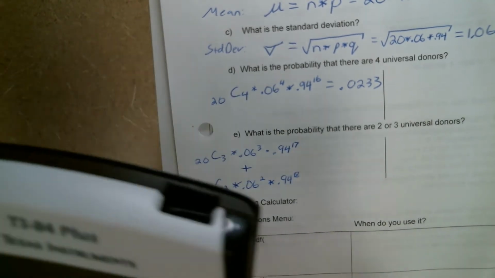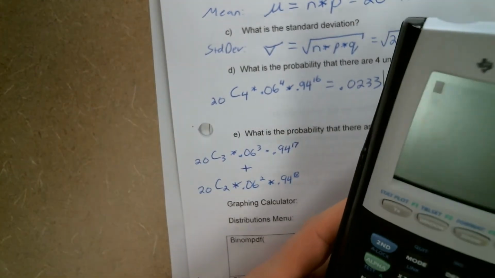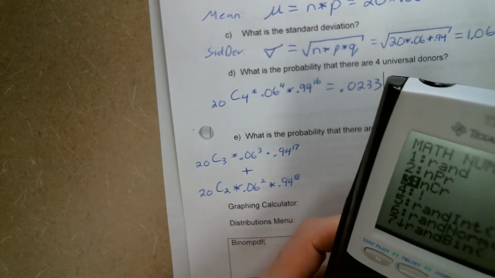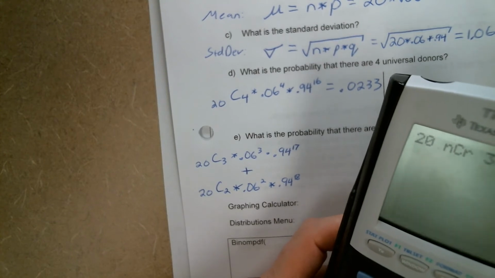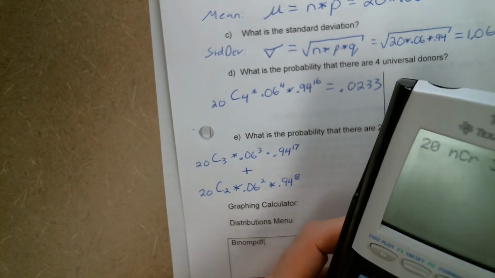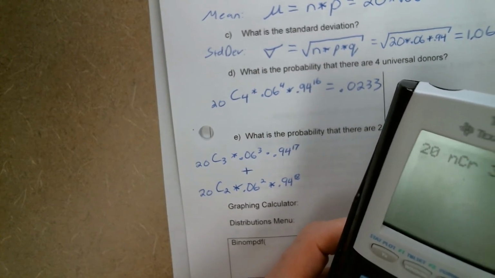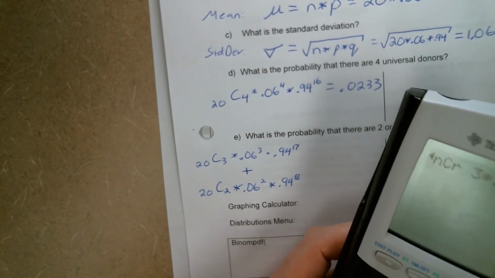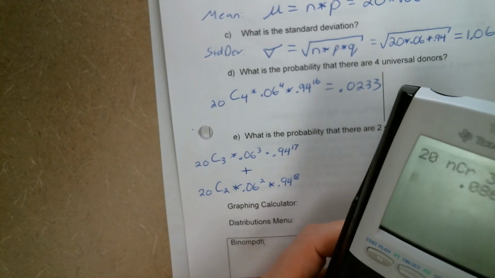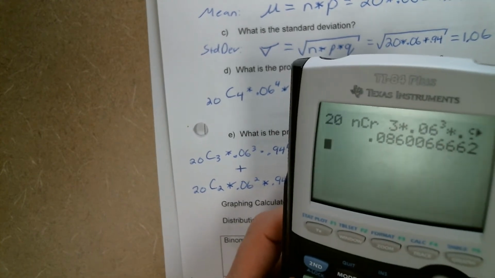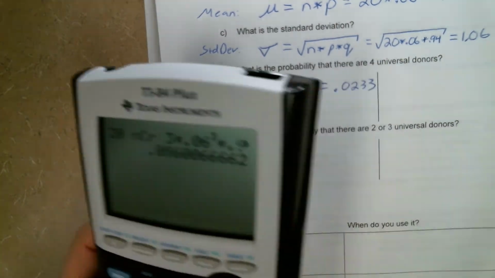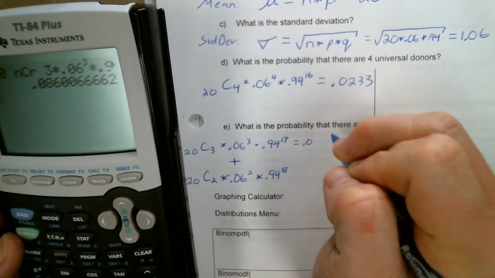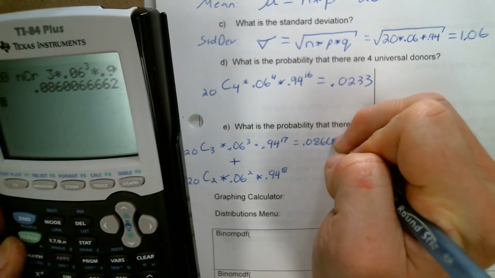And again, we can type those in. I'm just going to type it in all as one right now. So 20, math, probability, 20 choose 3 times 0.06 to the 3rd, got to get out of the exponent there, times 0.94 to the 17th. And that gives us 0.0860.